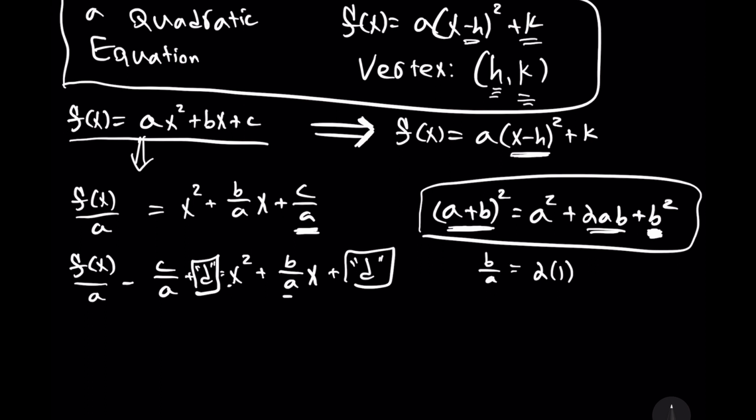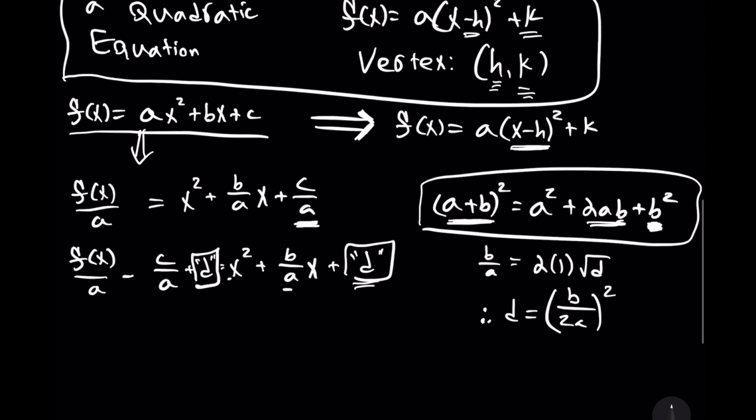That's squared, but this is just a b, so it's the square root of that d here. So the square root of d, if that makes sense. And then we can just derive what d is equal to. So d would be b over 2a quantity squared through basic algebra. So that will complete the square.